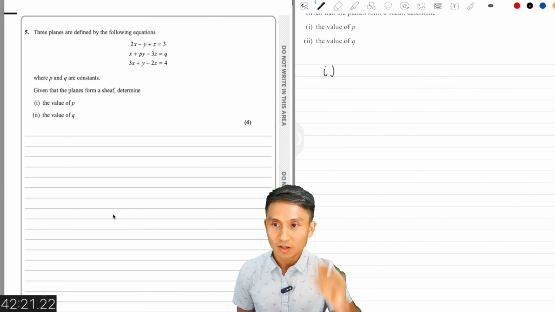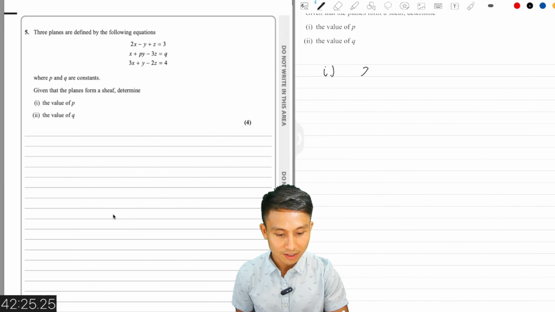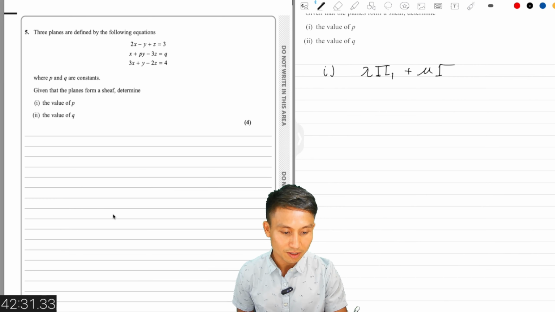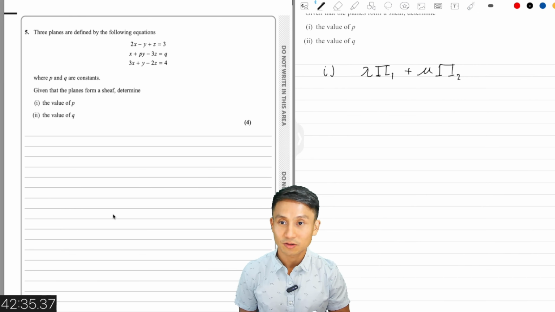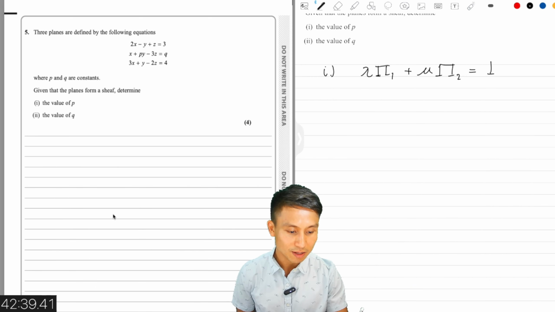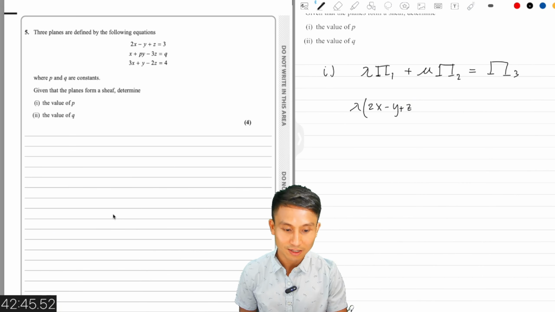So if I call the 3 planes gamma 1, gamma 2, gamma 3, I'm going to write lambda times gamma 1 plus mu times gamma 2 equals gamma 3, where gamma is basically the Cartesian equation of the plane. So we put lambda and the whole equation, 2x minus y plus z minus 3.